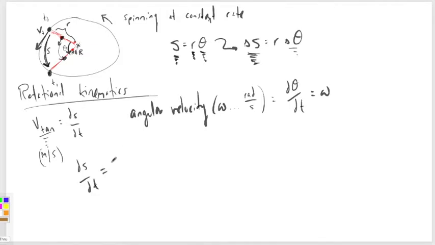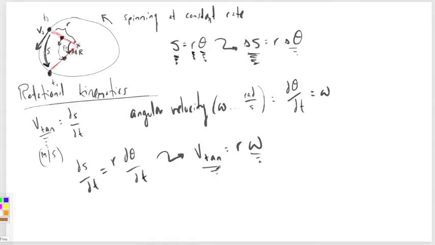Take the time derivative of the right side, I'll get r d theta dt. Well, what is d theta dt? It's omega, isn't it? So this gives me a way to translate between my two different worlds of linear velocities and angular velocities. You all need to know how to jump back and forth between the two, okay?